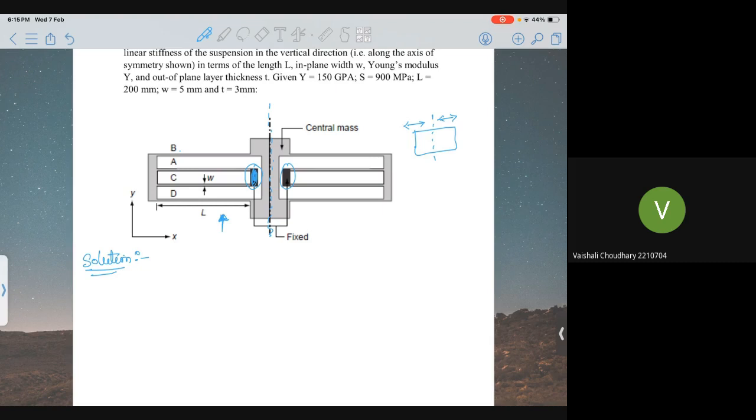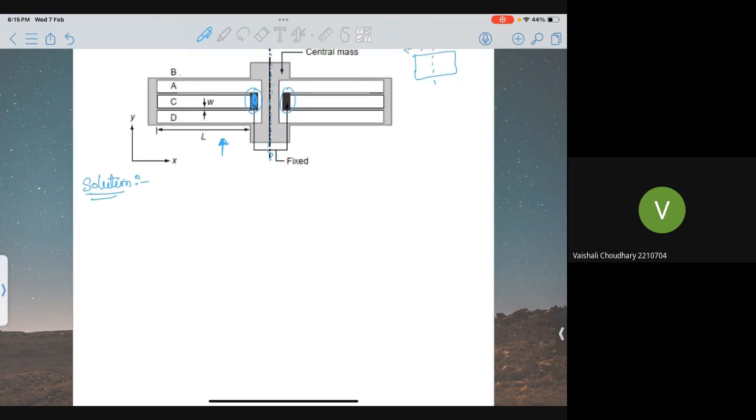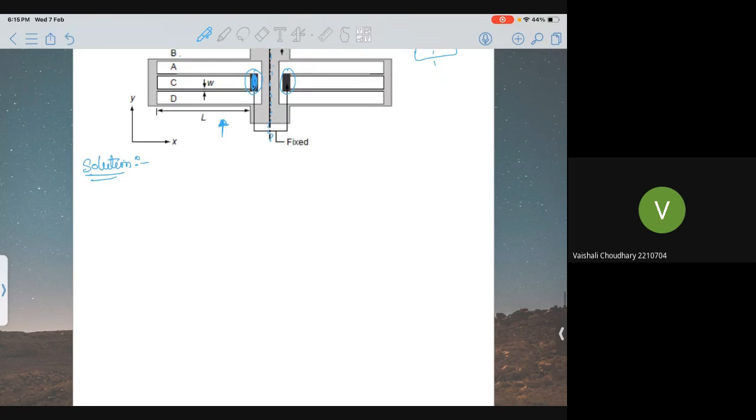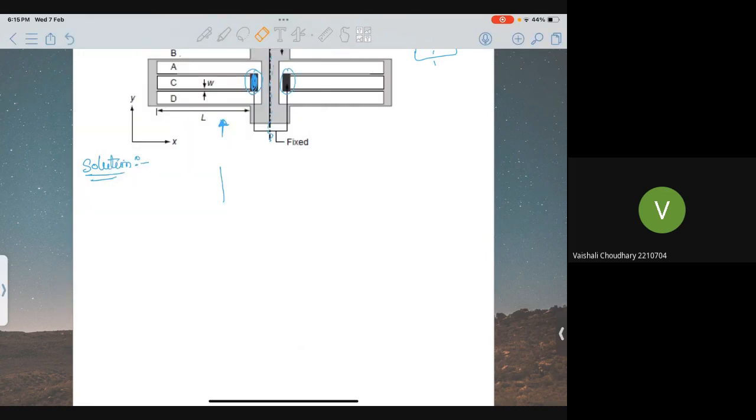Similarly, C and D will experience the same force. So if we draw a free body diagram of the first half side, we'll draw the free body diagram. So the free body diagram is like this.